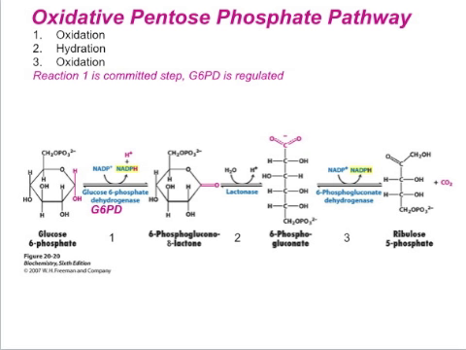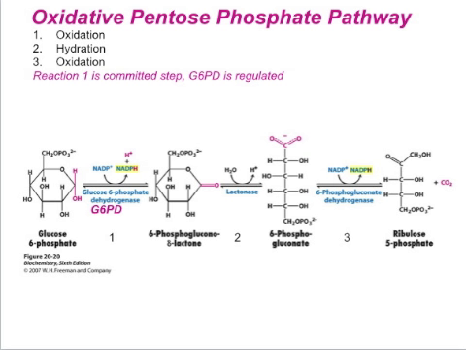What we've done is we've produced a lactone at carbon number 1. In the process, NADP plus is reduced to form NADPH and a proton. This reaction is catalyzed by glucose 6-phosphate dehydrogenase.